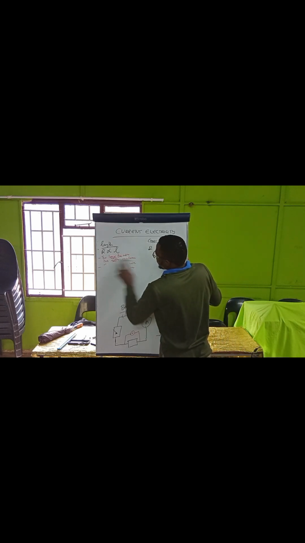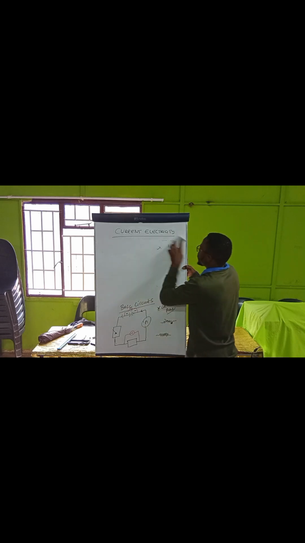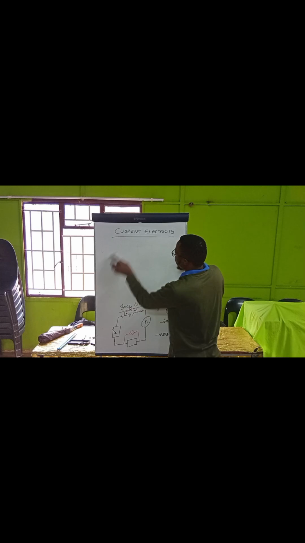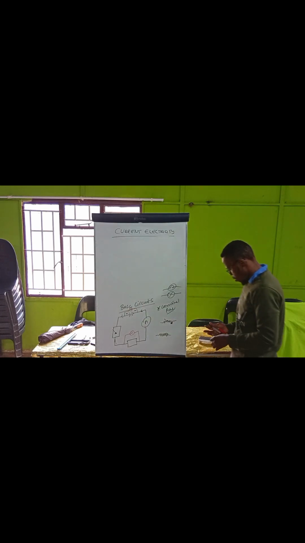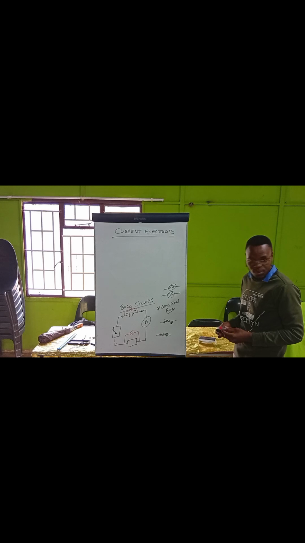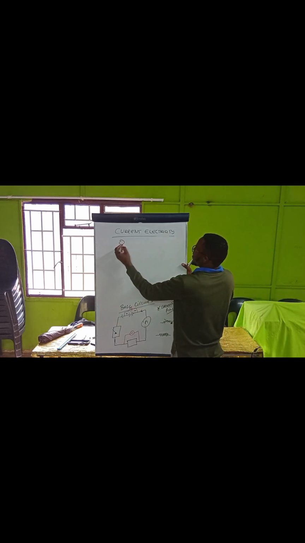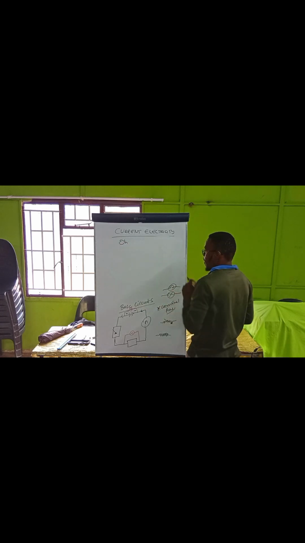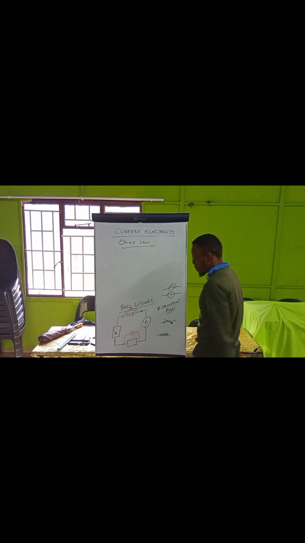Alright, now having looked at this, I want us now to go to the explanation of what we call Ohm's law, because that will be the basis. This law is very important.